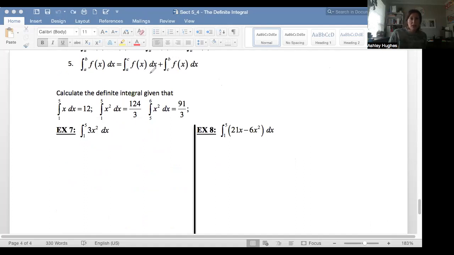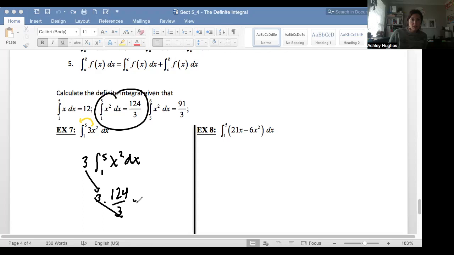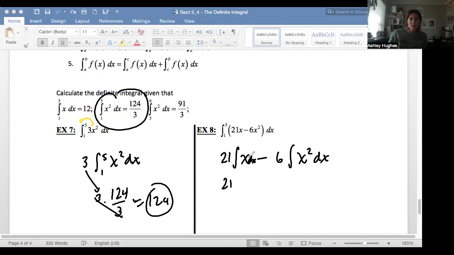So I'm going to pull out the 3, that's the scalar multiple rule. And then I have x squared dx, and they already told me x squared dx is 124/3. And I have times 3, and so my answer is 124. This one I can break apart and say 21x minus 6x squared. What's x?